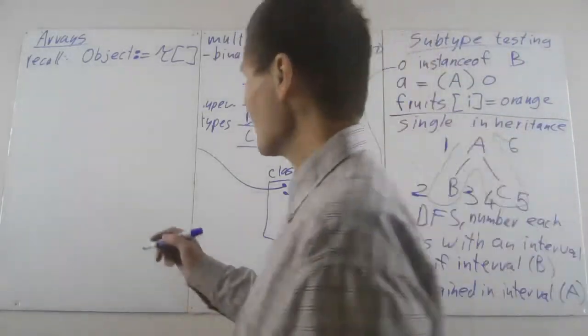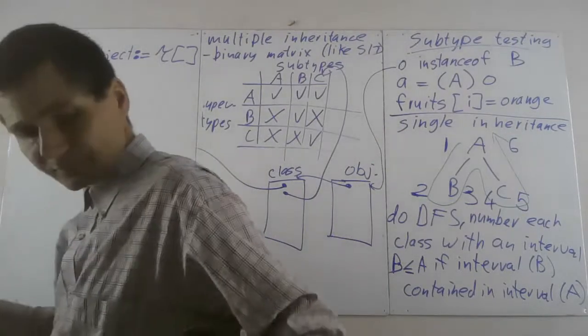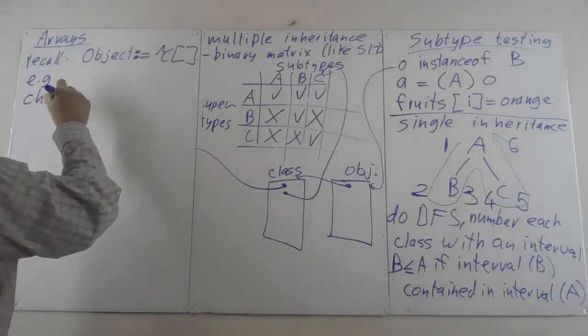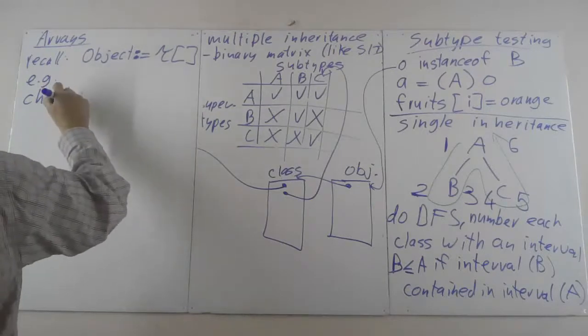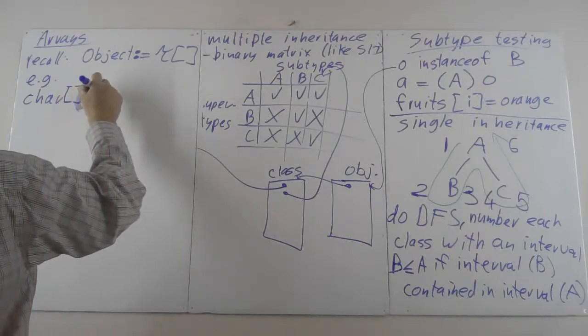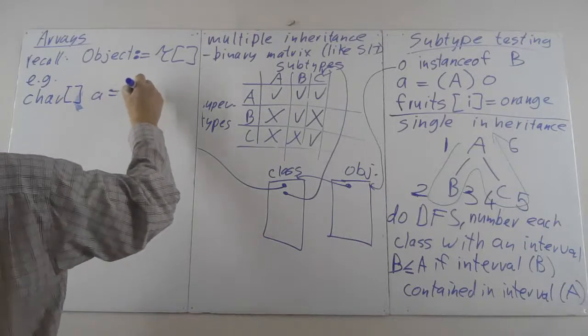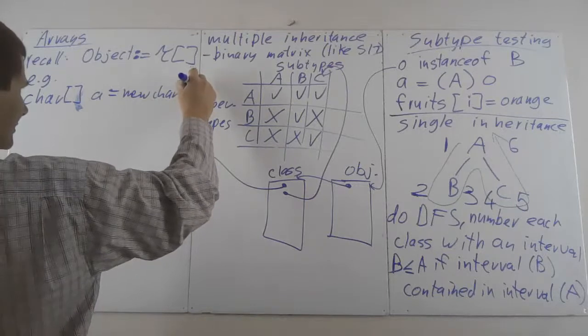Okay, so for example, I could have a char array, or it could be any type really, and I do a new char 2.